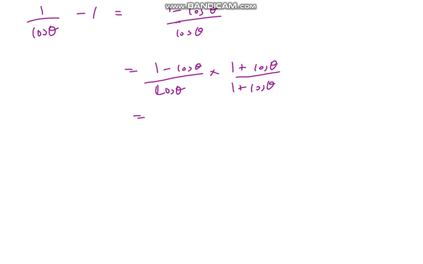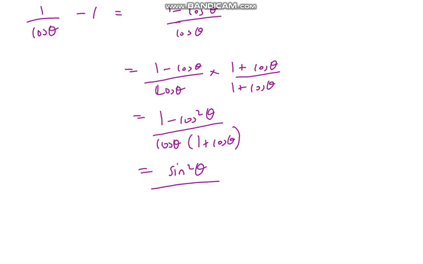Okay, so that's now going to give me on the top 1 minus cos squared theta. On the bottom I've got cos theta, 1 plus cos theta. Okay, so the top can now become sin squared theta. And I'm trying to put in every line here just to not leave anything out.